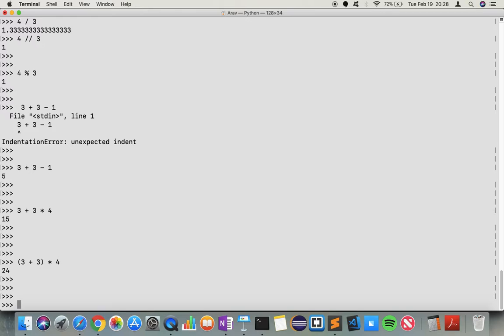Parentheses just make it more readable. So I highly recommend using parentheses if there are multiple operations going on, to clearly specify what order they need to be performed in. So that's basically what I wanted to show about the interactive shell.